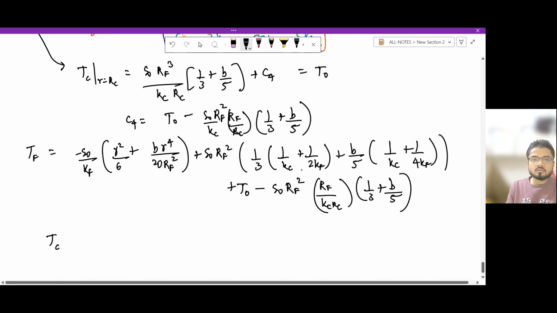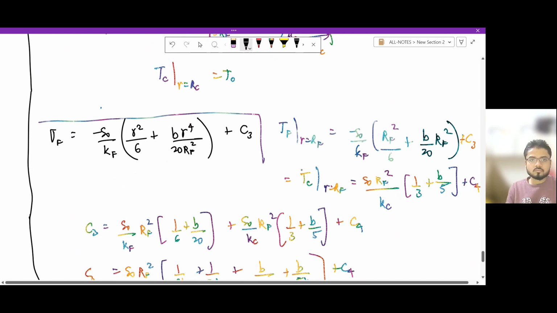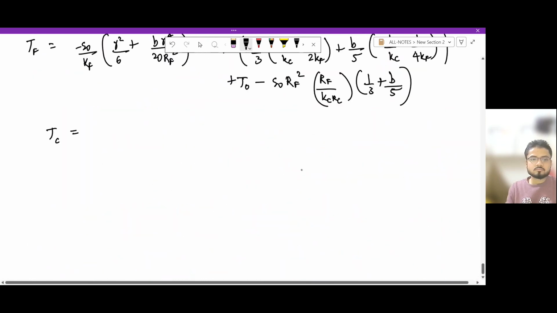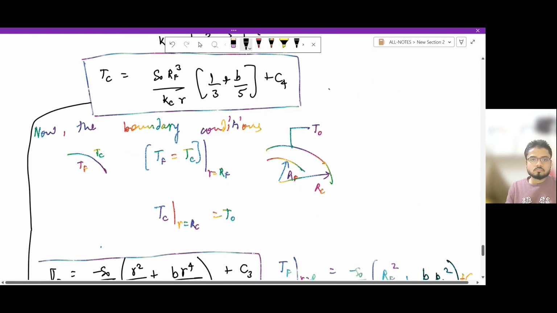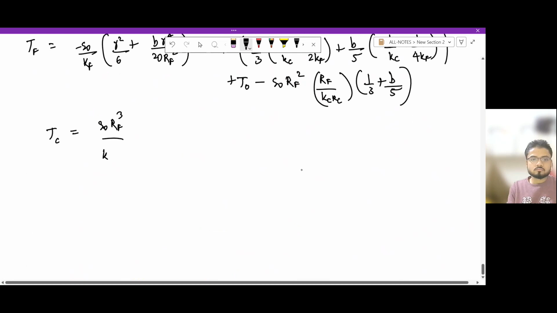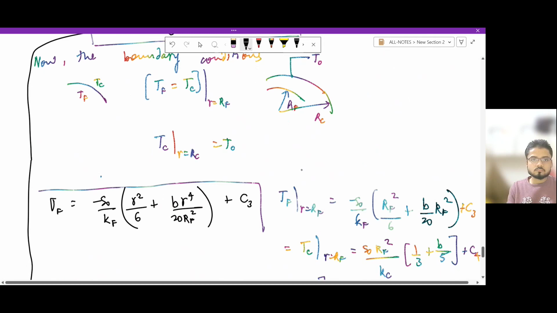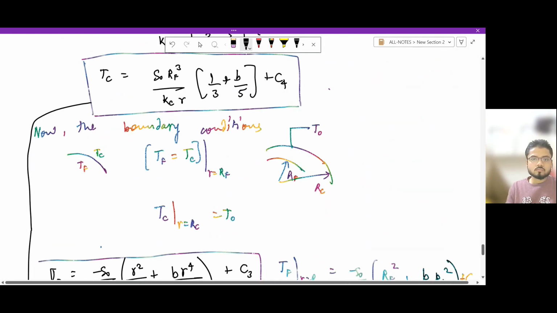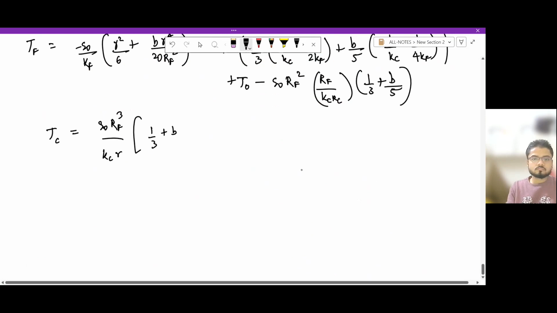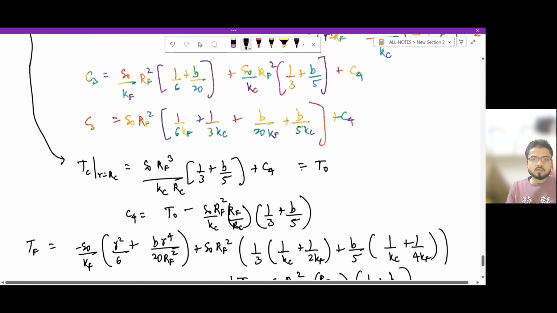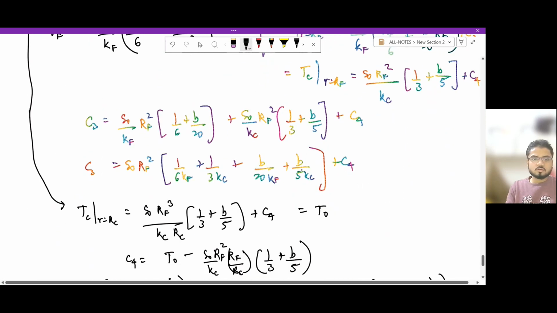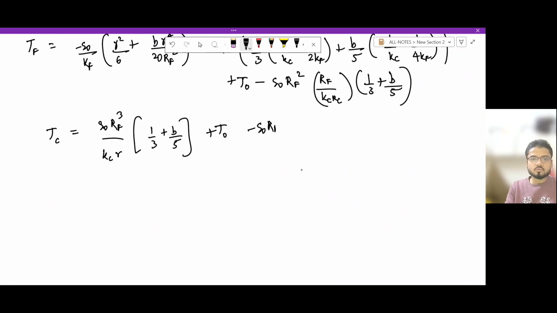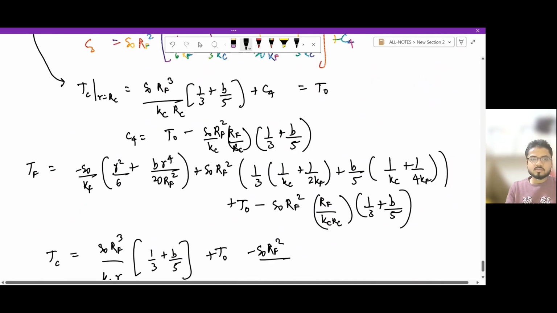And using an identical methodology, you could always have TC would be equal to S naught, and C4 we had calculated right over here, plus T naught minus S naught RF squared over KC RC.